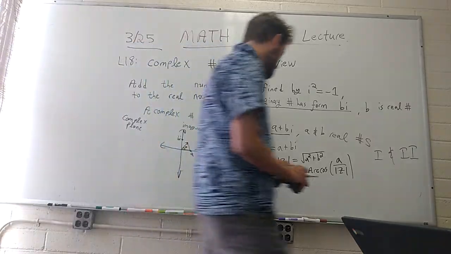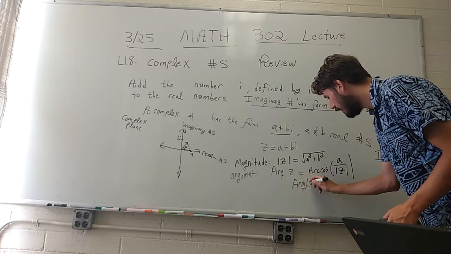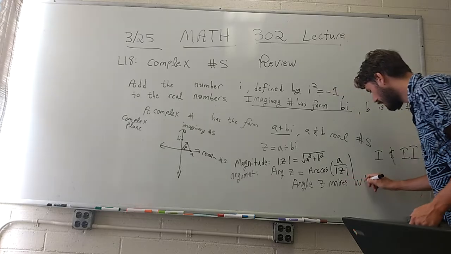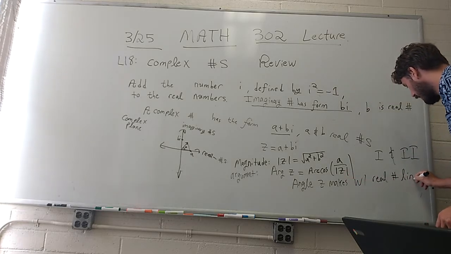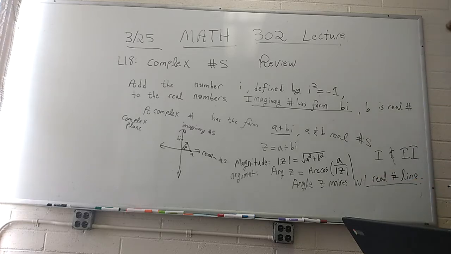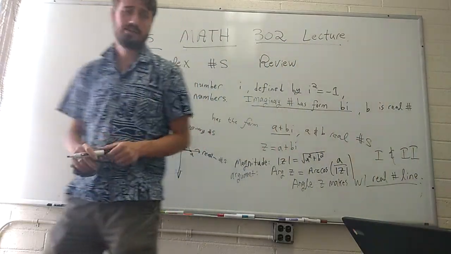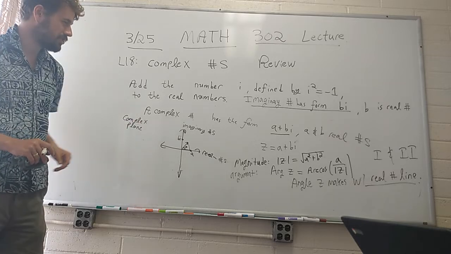But the main point is this is the angle z makes with the real axis. Whether it's the arccosine, arcsine, or tangent depends on context; we'll go over that a little. That's not going to be super important in this class.